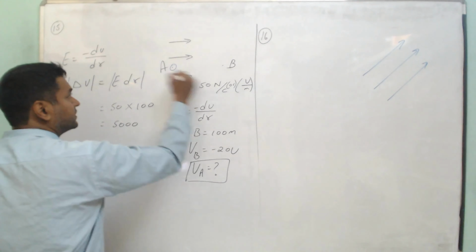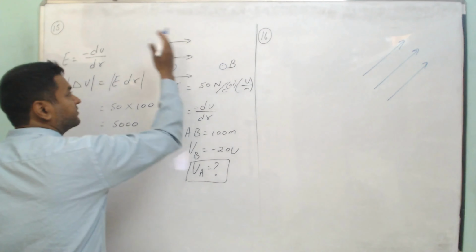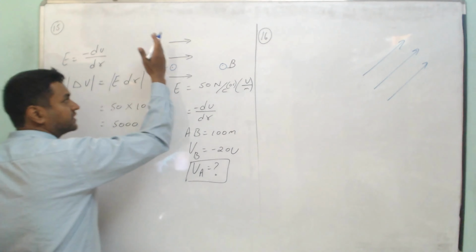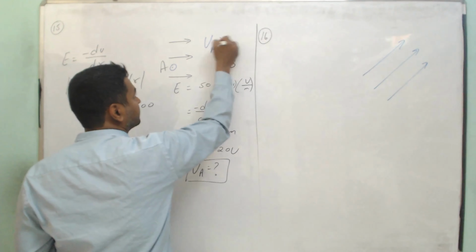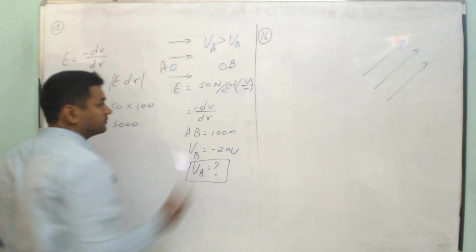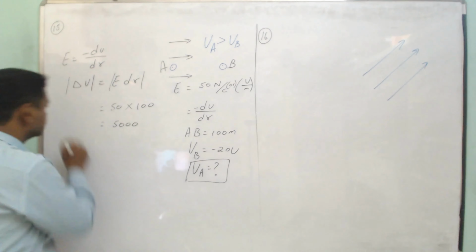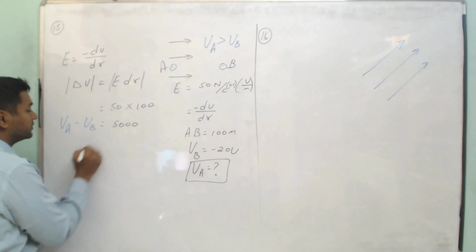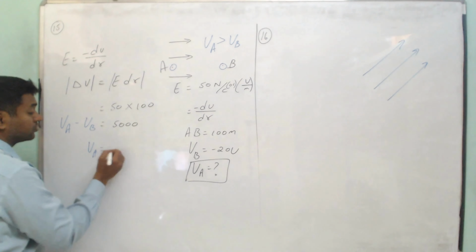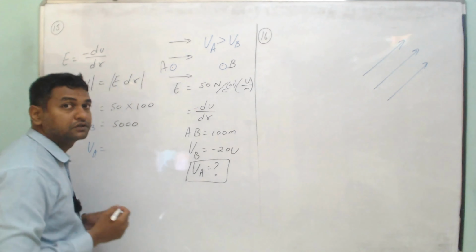This point is A, this point is B. Delta V, we can say this is high. I understood, sir. VA is greater than VB. It is VA minus VB is equal to 5000. Therefore, VA is equal to, how much?